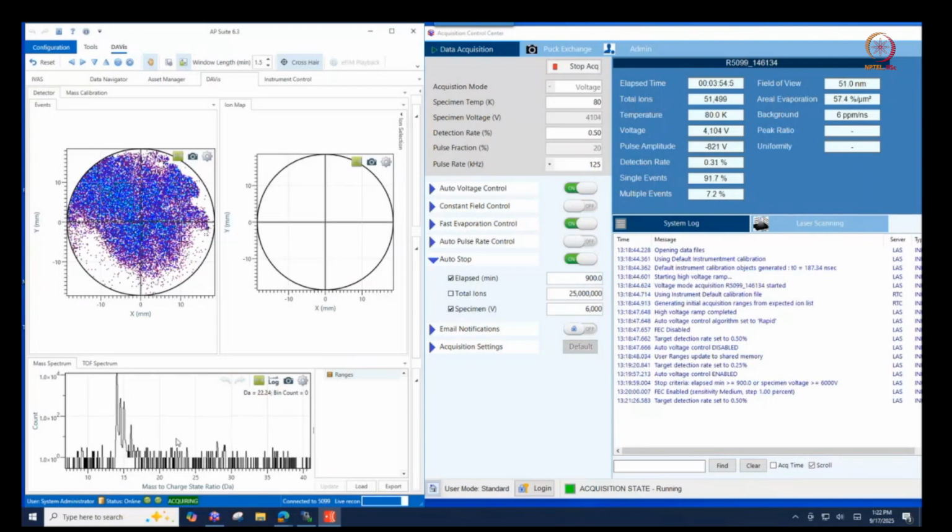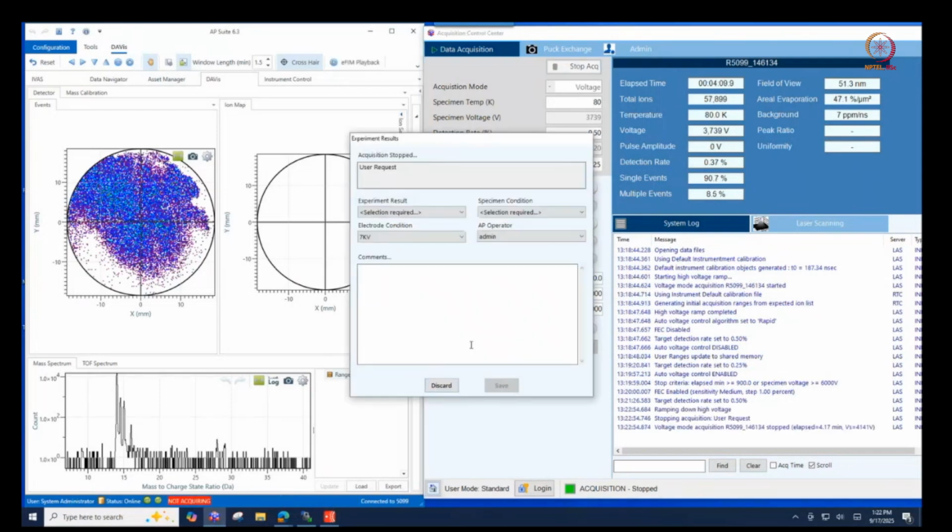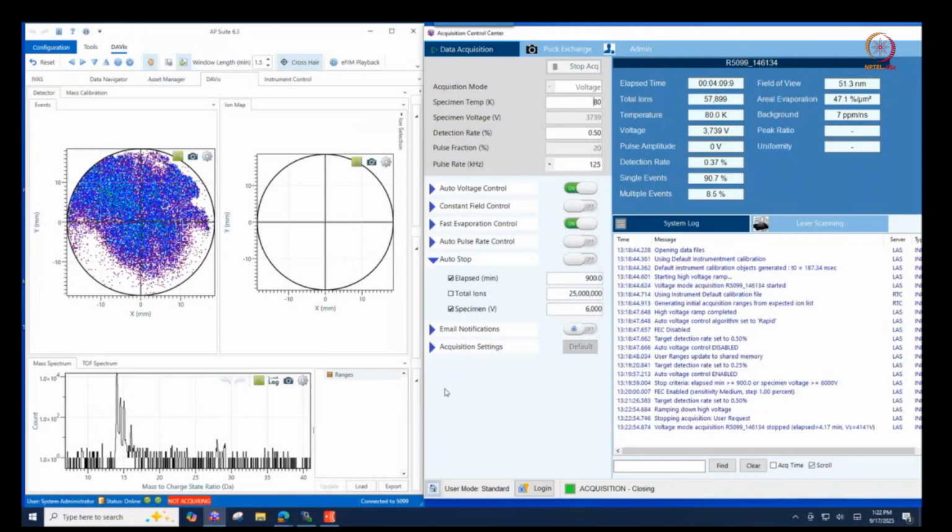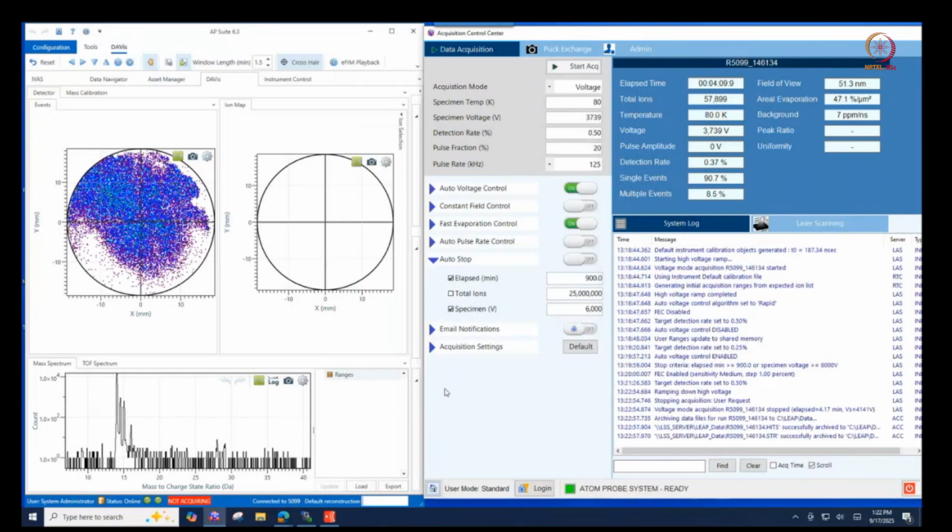Just remember these values for the purpose of comparison. As we increase the pulse fraction, we'll see what happens. So now I'm stopping the acquisition. Now I'll slightly increase the pulse fraction to 40%, and we'll see what happens.